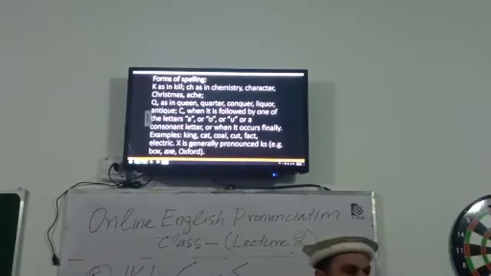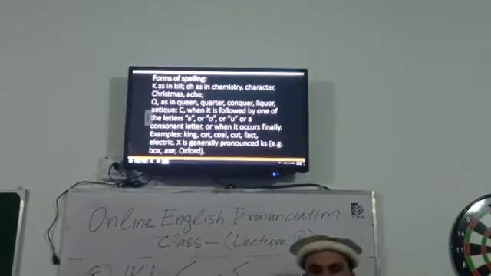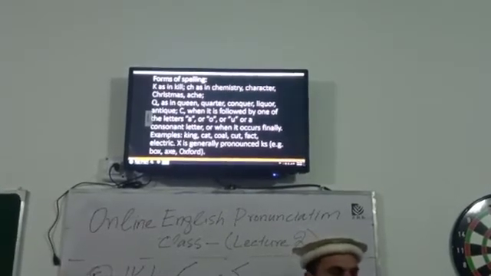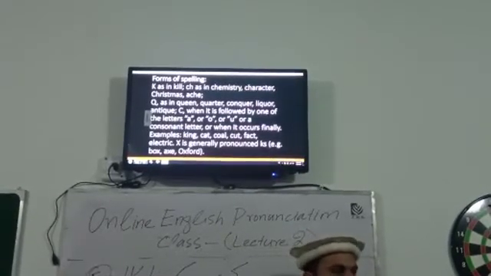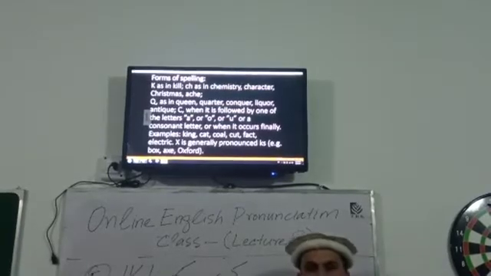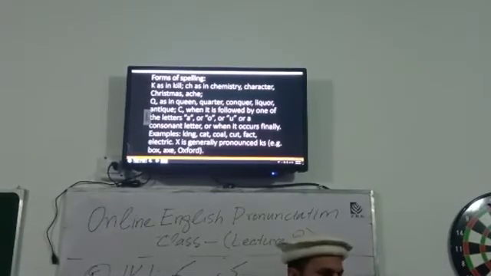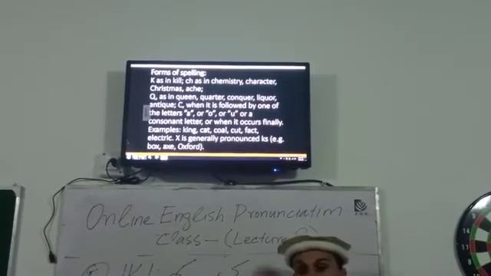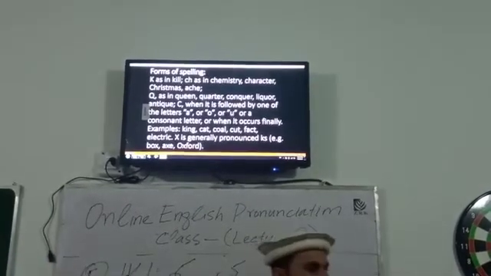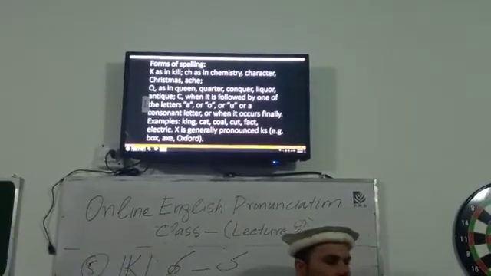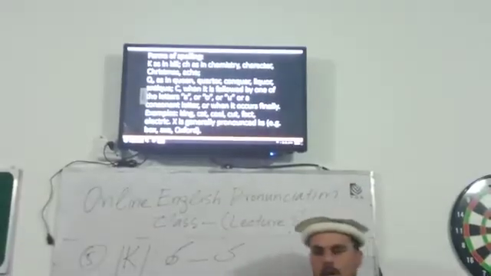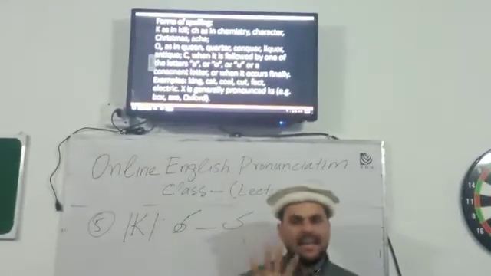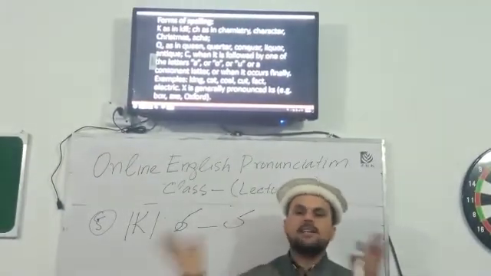Then Q also gives the sound of k, like in queen, quarter, conquer, liquor, antique, etc. Then C also gives the sound of k when it is followed by one of the letters A, O, or U. When C comes before A, O, or U, it gives the sound of k.